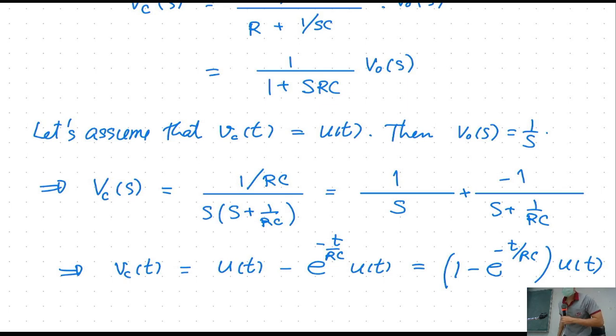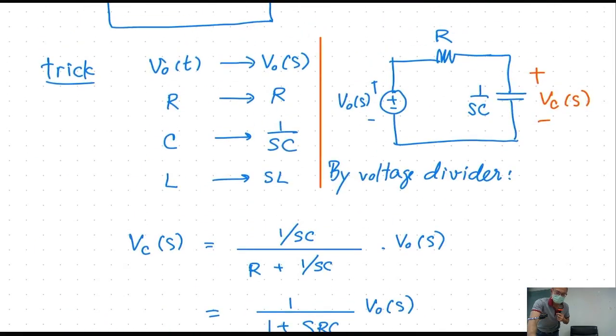So this is the trick that I used when I was in undergraduate study a while back. I was usually given circuits like this, and I was asked to solve for the output signal in the time domain. So what I did was I replaced the resistor R with the same R, I replaced capacitance C with 1 over SC, and then replaced inductance L with SL.